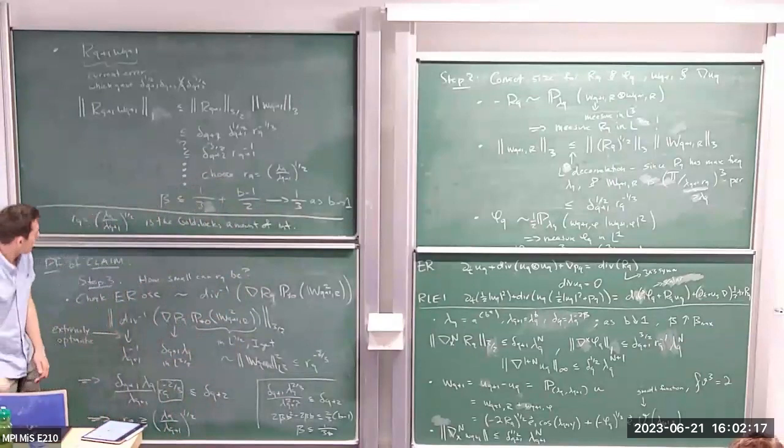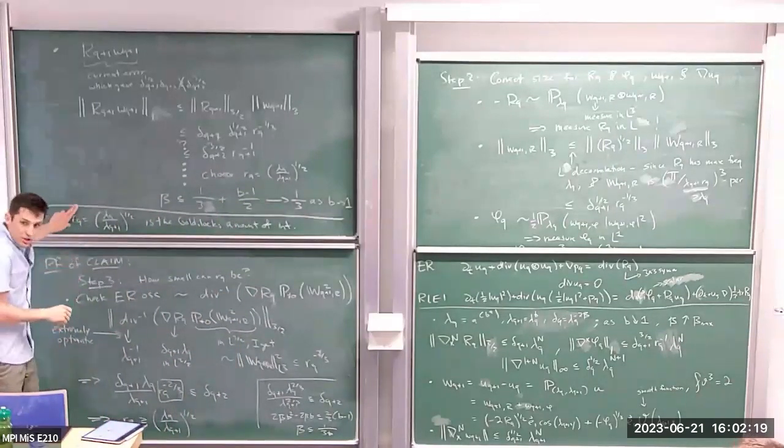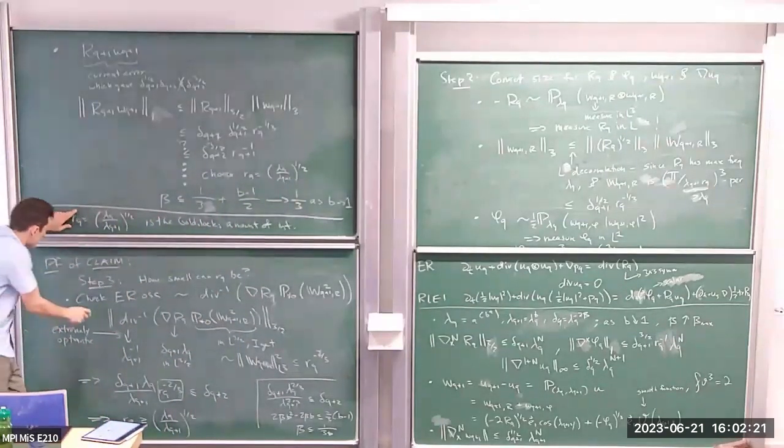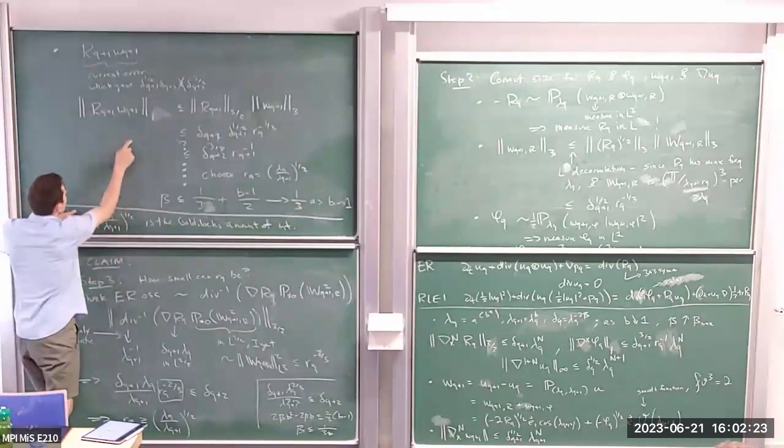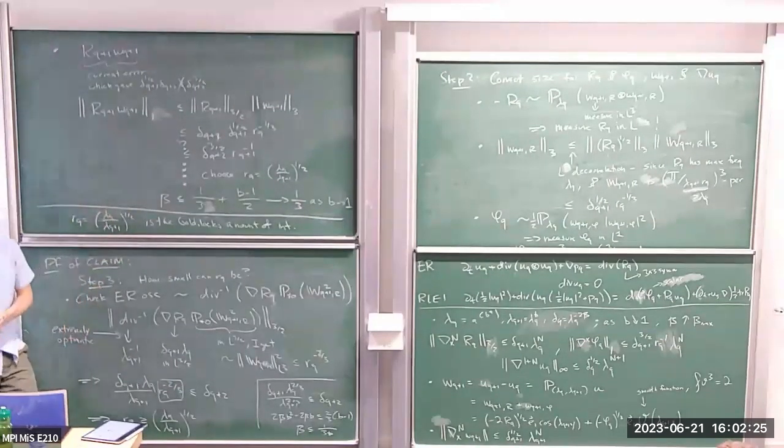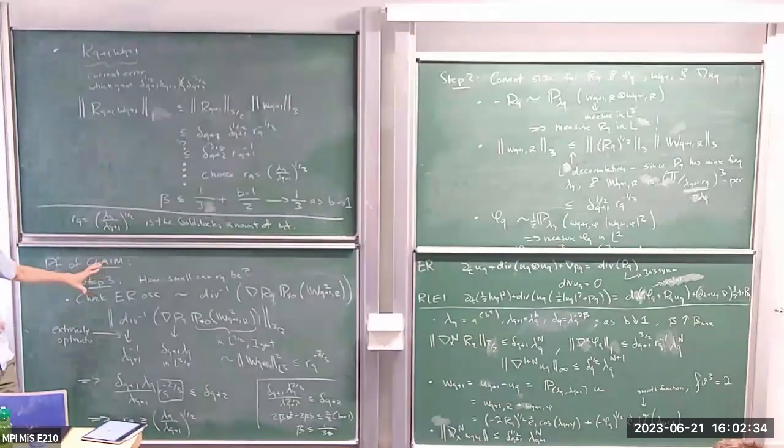And it's the unique choice which balances this step and this step. And when we found this, I mean, we were so excited. I see no reason why this should just work.